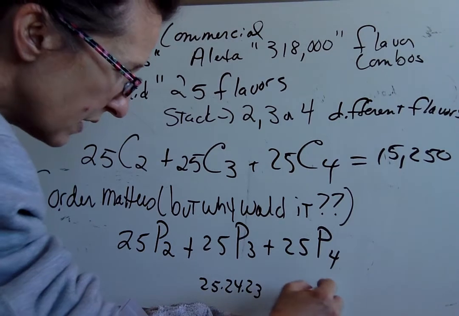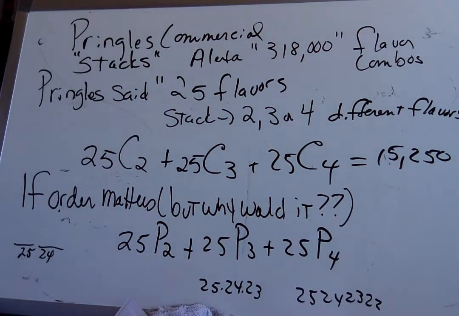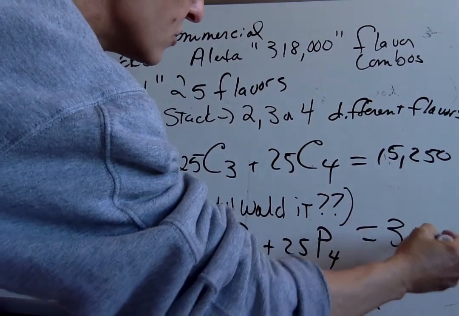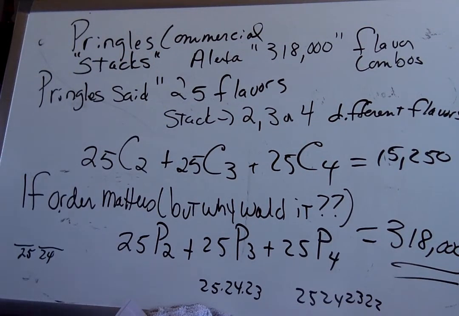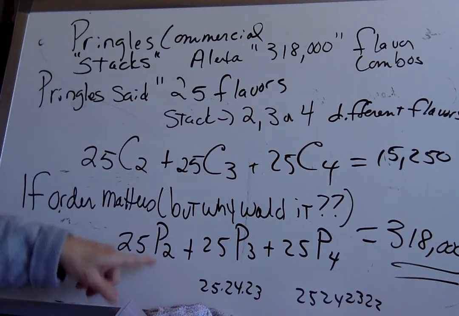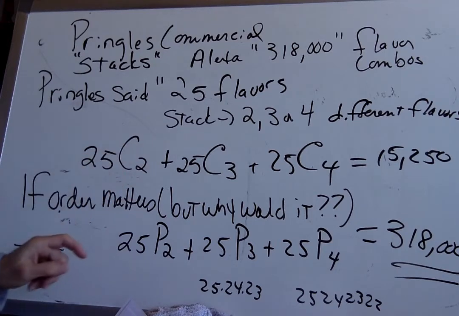This guy's 25, 24, 23, 22, right? You actually do end up with exactly 318,000. So even though the email from Pringles didn't specify that they cared about the order, we all figured out that that is what they did.